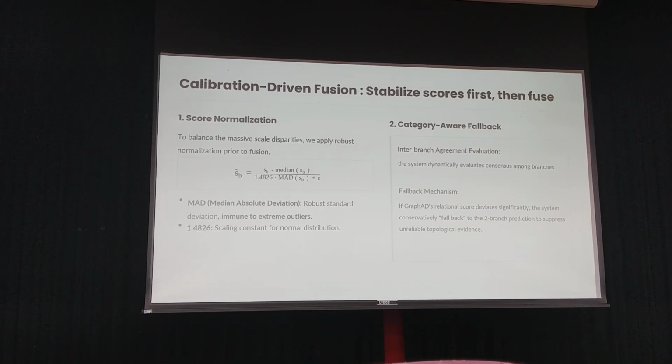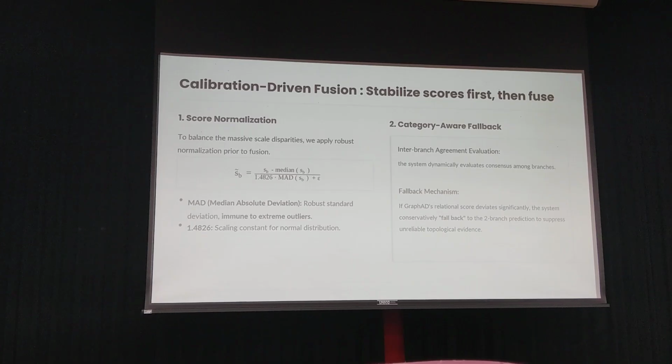The second step is category-aware fallback. After normalization, the system evaluates inter-branch agreement, which means how consistent the branches are with each other. If a branch deviates too much from the other branches, the system treats it as less reliable and conservatively falls back to a more stable two-branch prediction.